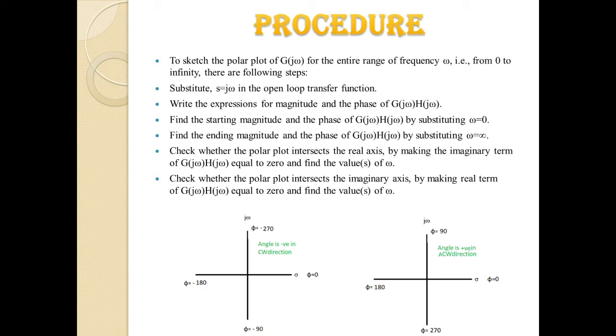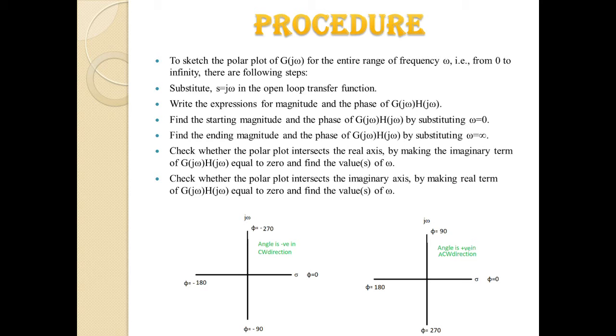Next we need to check whether the polar plot intersects the real axis or not. And next we need to find out whether the polar plot intersects the imaginary axis or not. To find these two points of intersection, first we need to rationalize the function into real part and imaginary part.